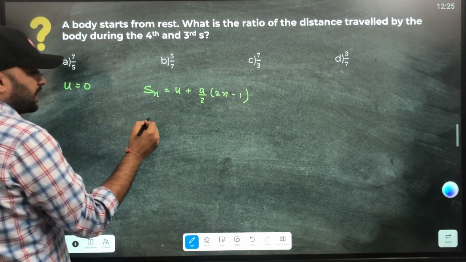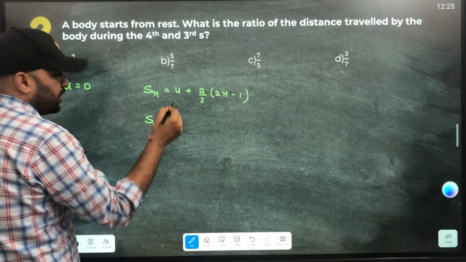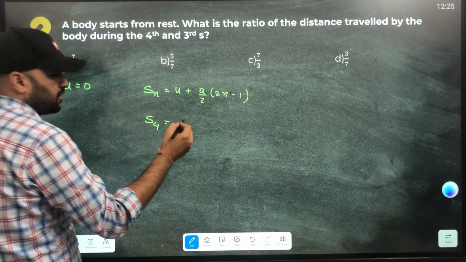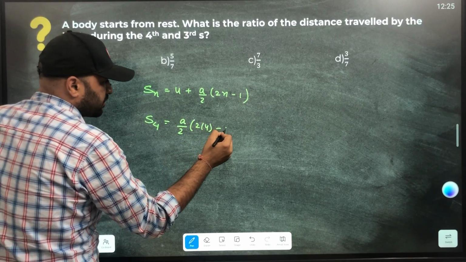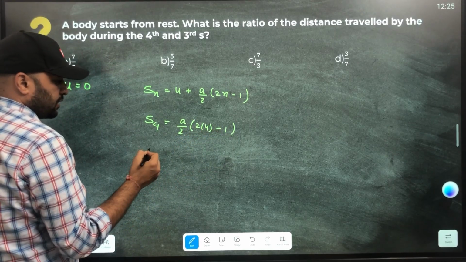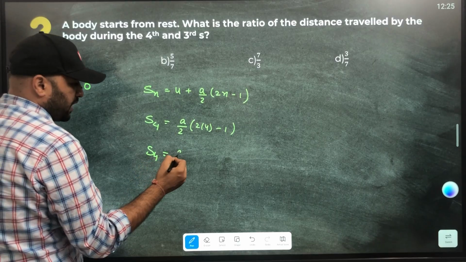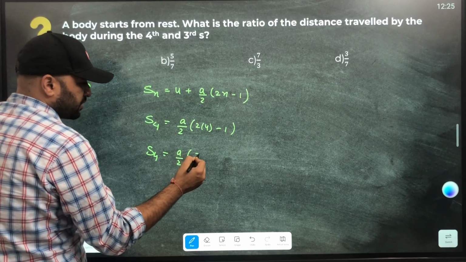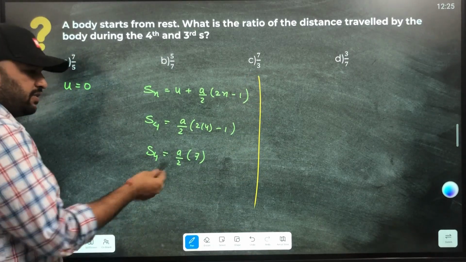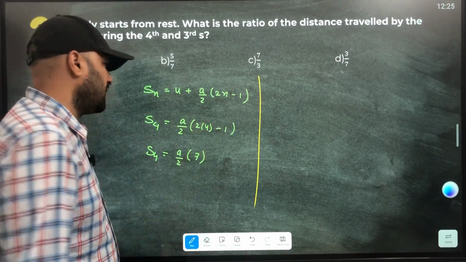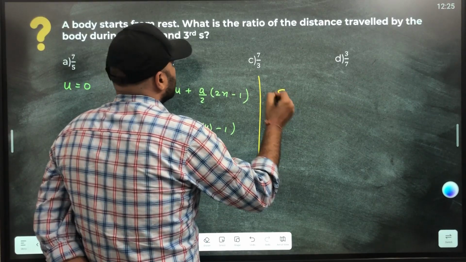Now in the fourth second, S4 will be u is 0, already given in the question, a by 2, 2 into 4 minus 1, correct? So S4 will be equal to a by 2 into 2 fours are 8 minus 1, 7. 7a by 2, correct? We don't know the acceleration because anyways in the ratio, the acceleration will get cancelled.